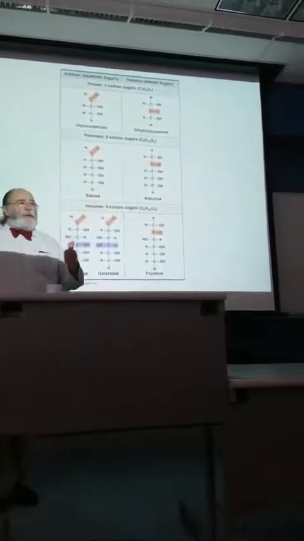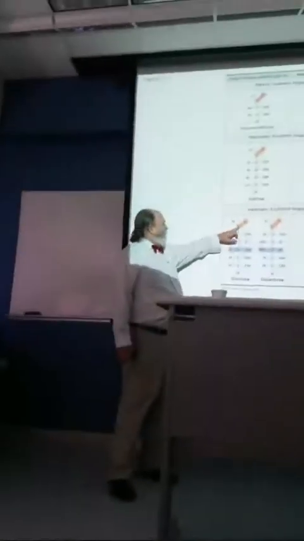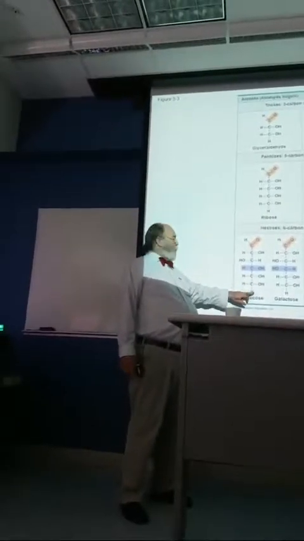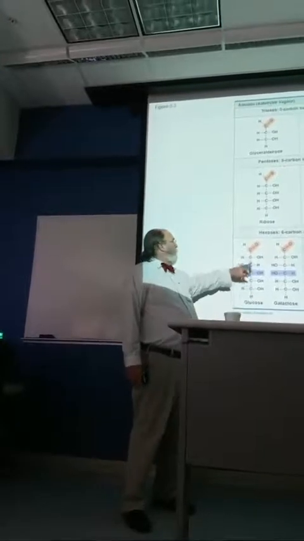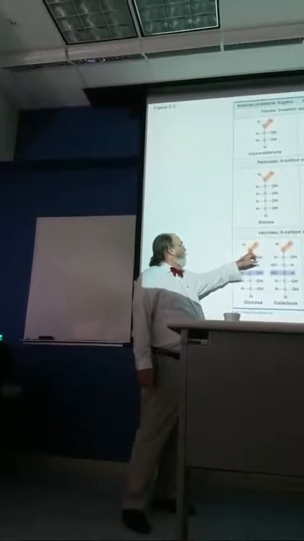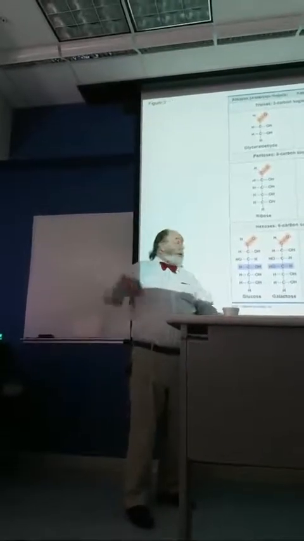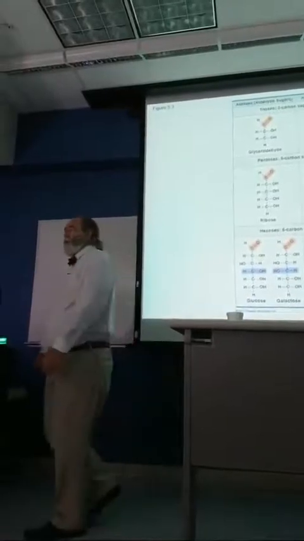These are kind of your rules for drawing glucose without going nuts. 6 carbons, hydrogen on one end, a carbonyl group attached on the other end. So you've got hydrogens basically on both ends, but you've got a carbonyl group on the other.